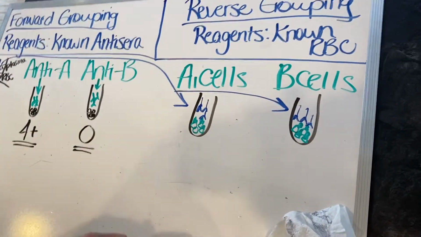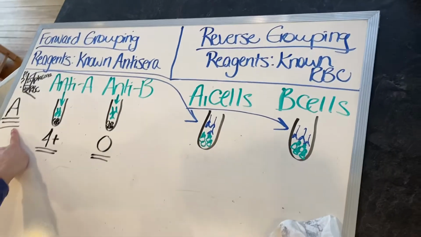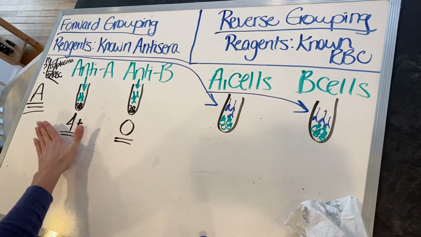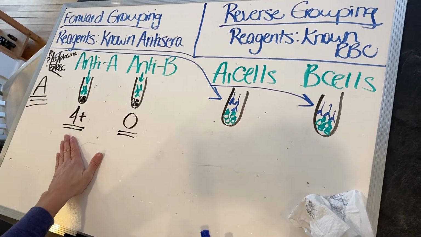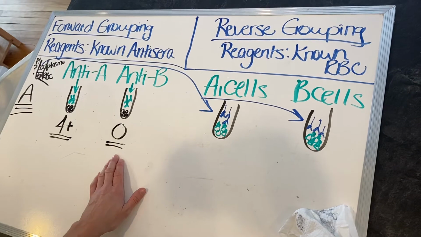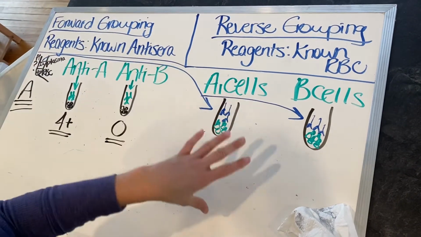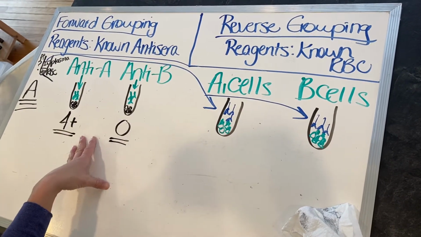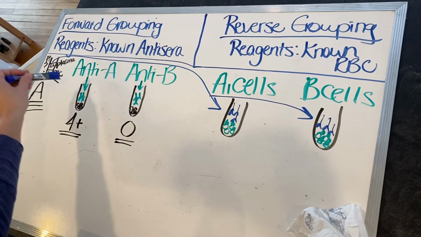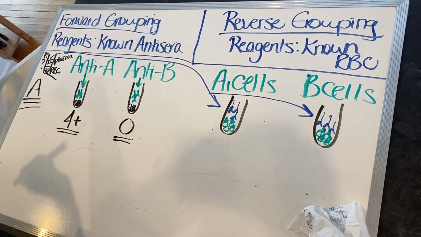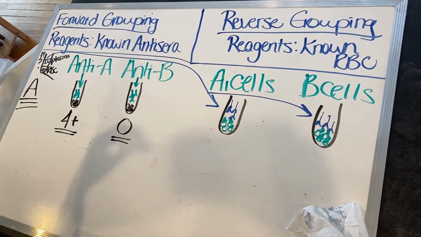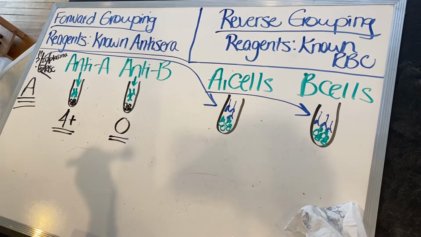So now, if the patient is group A, their forward grouping is going to have this reaction, a 4+ in the anti-A and a negative in the anti-B. And now when we take their plasma, we want to confirm what their forward grouping is saying. So if we take patient plasma from a group A individual, you guys know that they have the opposite antibody naturally occurring in their plasma.